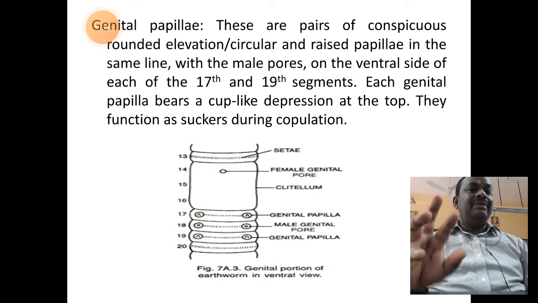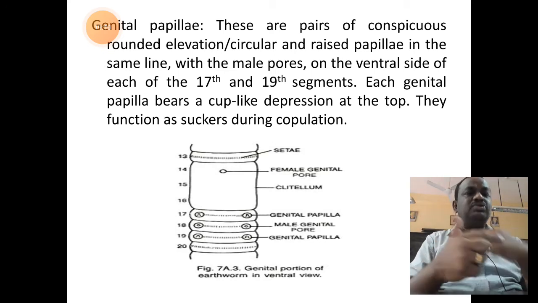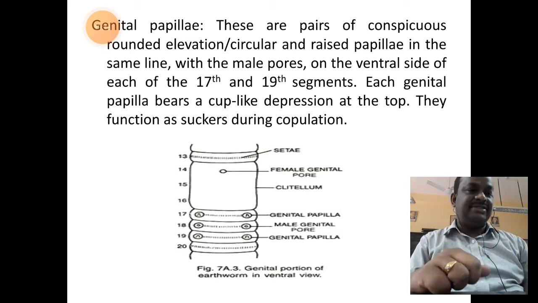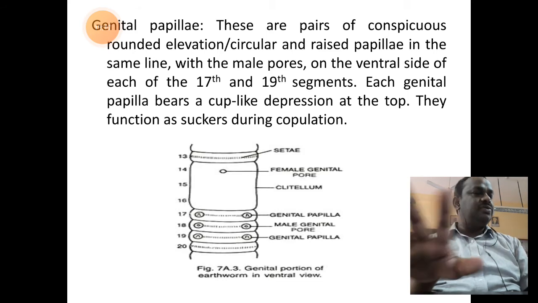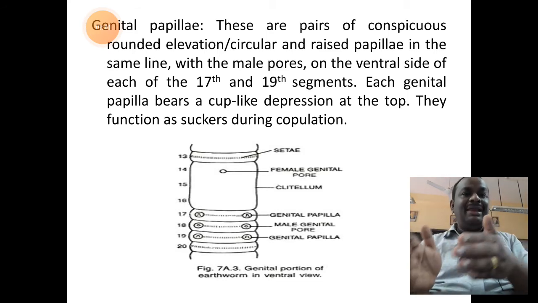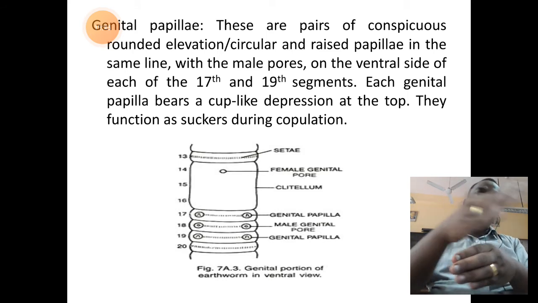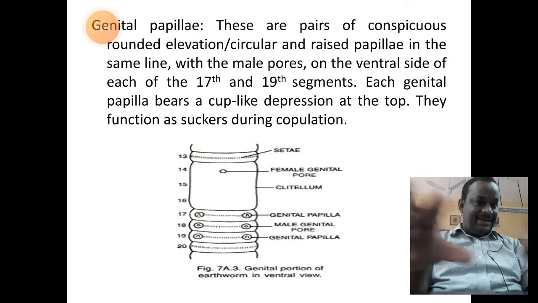They act like suckers to hold the other organism tightly during the transfer of male gametes. Are you able to understand? This phenomenon we call pseudocopulation. During pseudocopulation, the male gametic cells are introduced into the body of the other organism at the 18th segment.